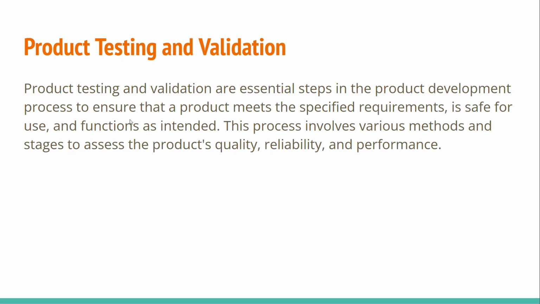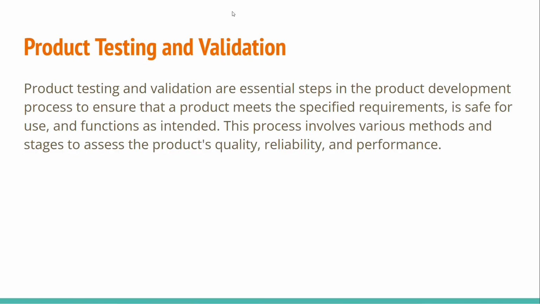Product testing and validation. Product testing and validation ensures that the final product performs as expected under real-life conditions. For example, functional test, durability test, environmental test, safety test. So there are some different tests.